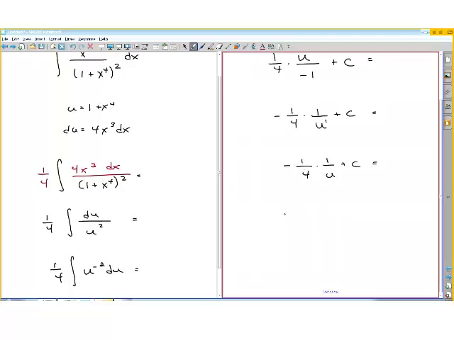And then finally we can substitute u back in, so we get -1/4 times 1 plus x to the 4th to the first power, or just by itself. We don't need to put the first power up there, plus our arbitrary constant c. So that is the correct answer.